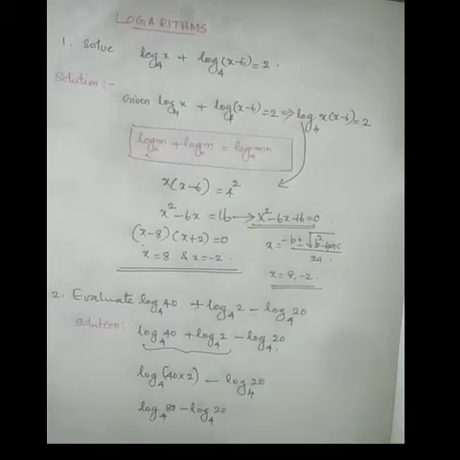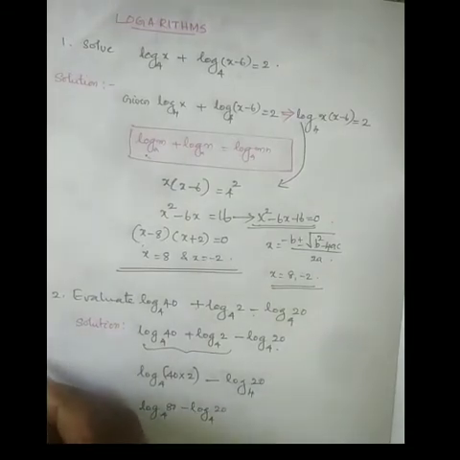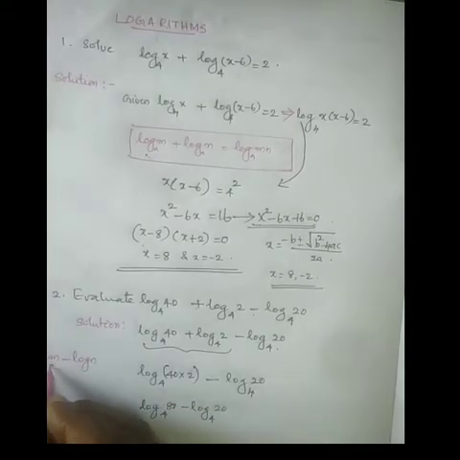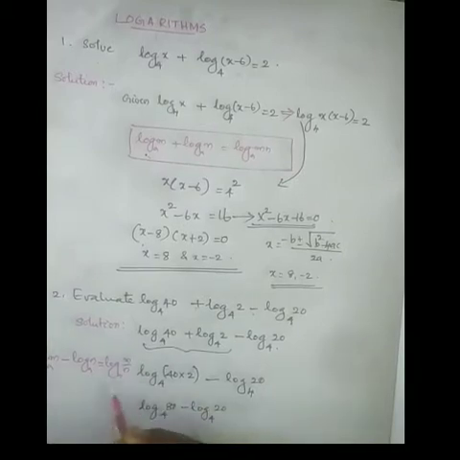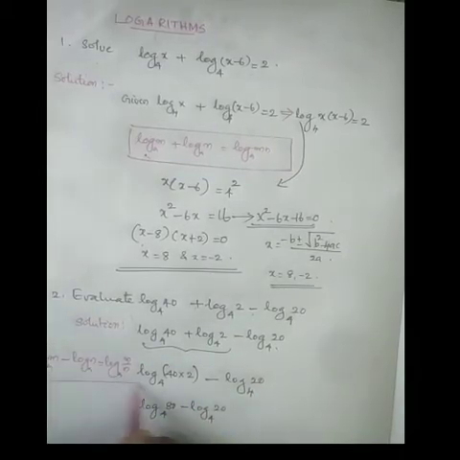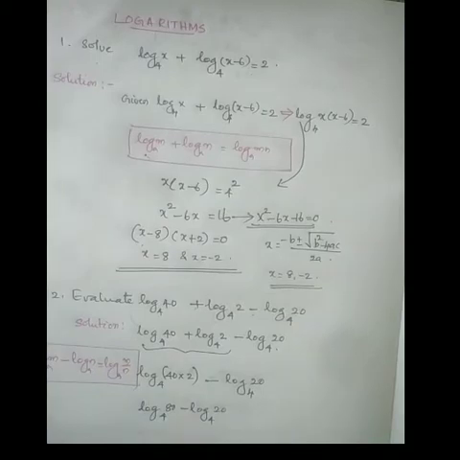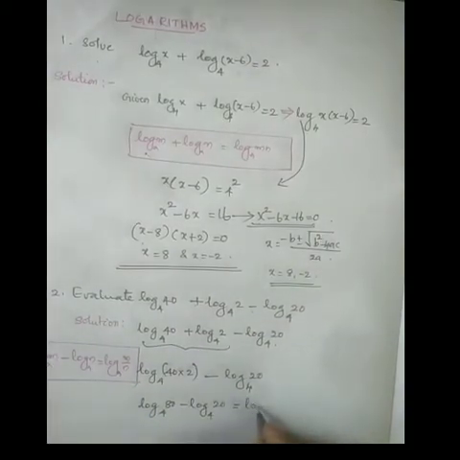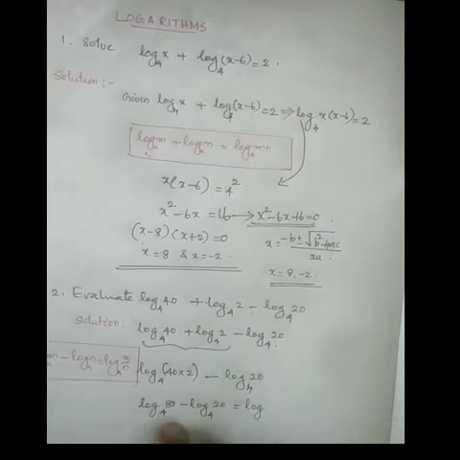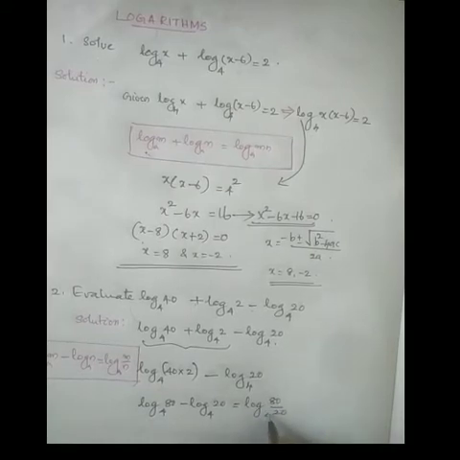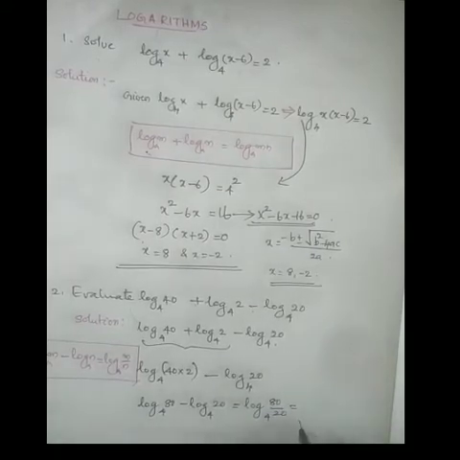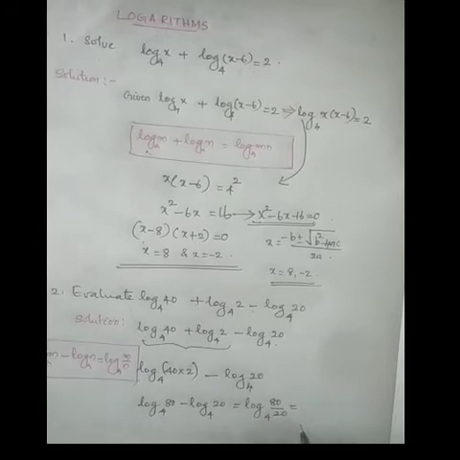Also, we know that log m minus log n is equal to log m by n, to the base a. Using this formula, log 80 by 20 to the base 4 is equal to, 80 by 20 is 4.